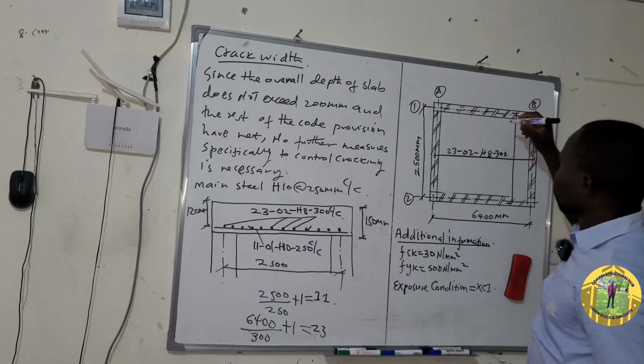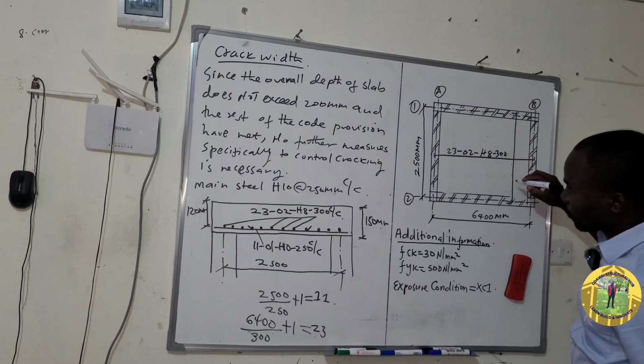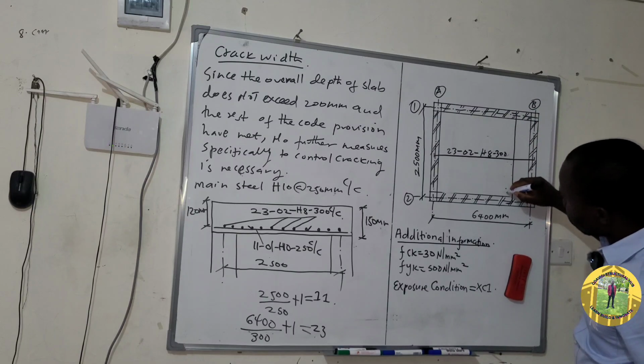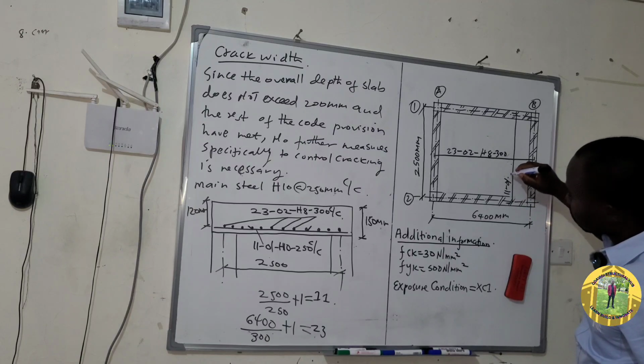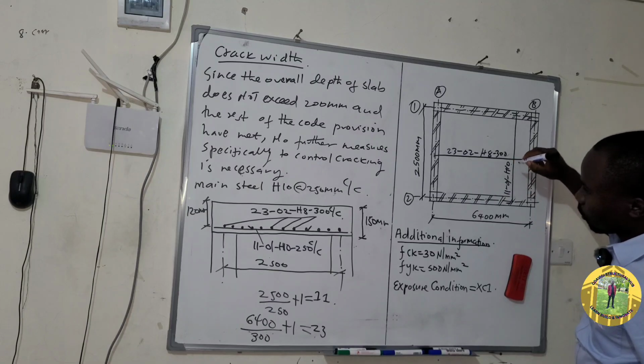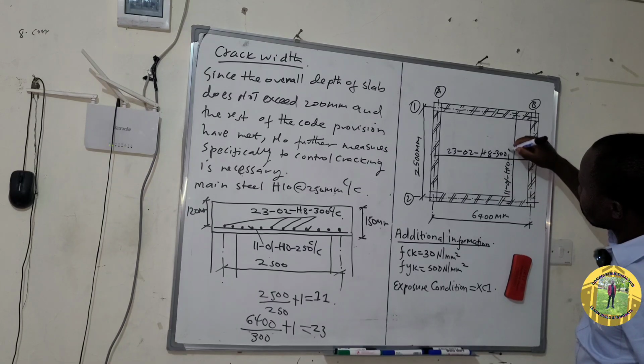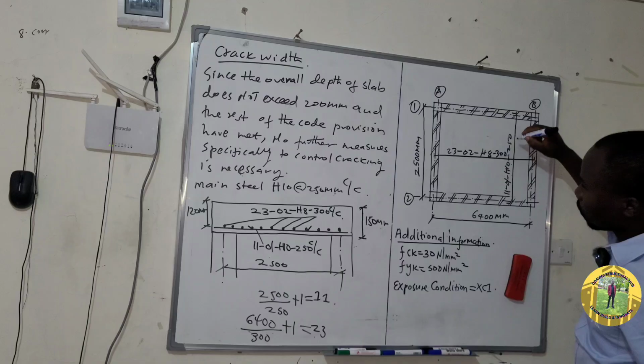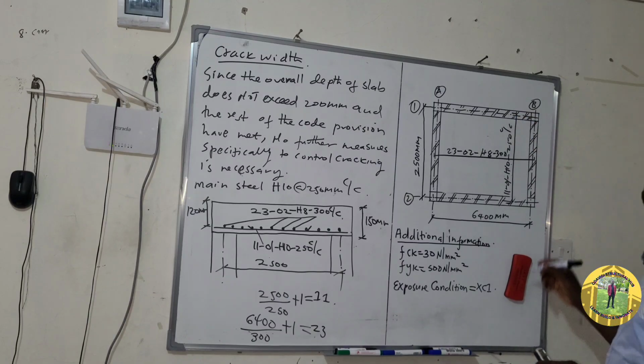Let me write it here. 11, 01, H10 at 250 center to center. So that is how you draw.